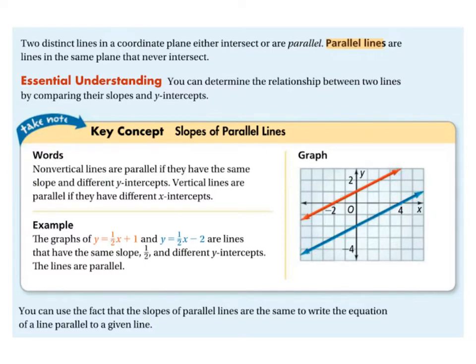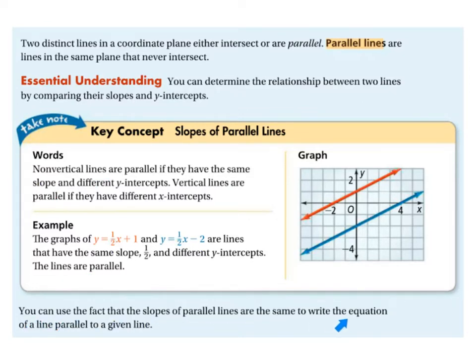You have two equations for the same line. But different intercepts and same slope. So here, we've got these two lines. They both have a slope of 1/2, as we just pointed out, and they have different intercepts. This one crosses at +1, this one crosses at -2. Different intercepts, but the same slope means they are parallel.